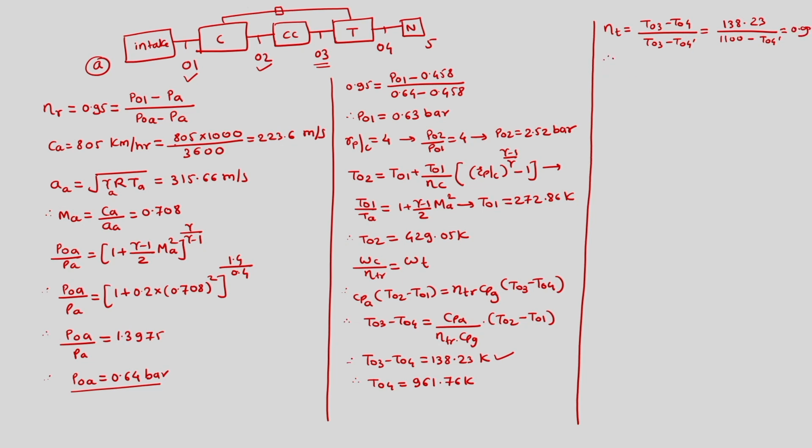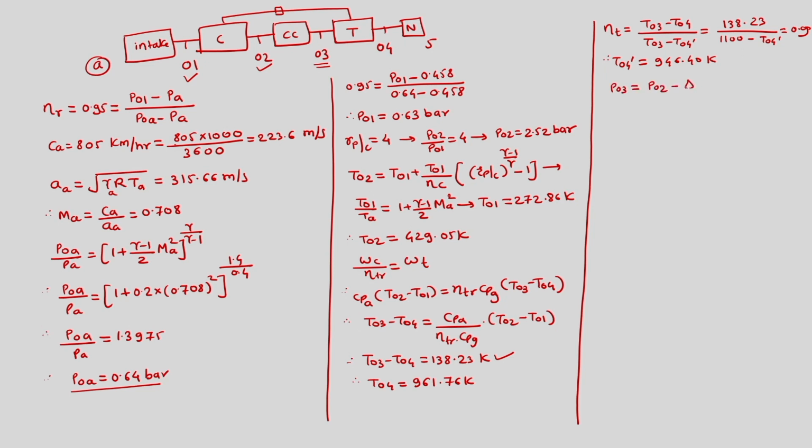Knowing this, we can calculate the ideal temperature at the exit of the turbine, T04 dash, which is equal to 946.40 Kelvin.